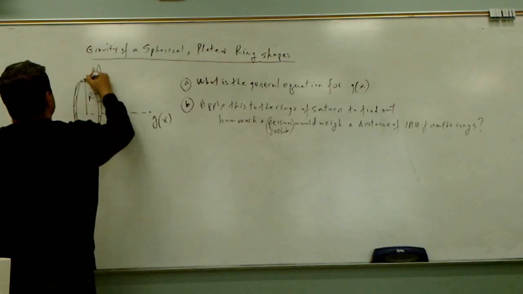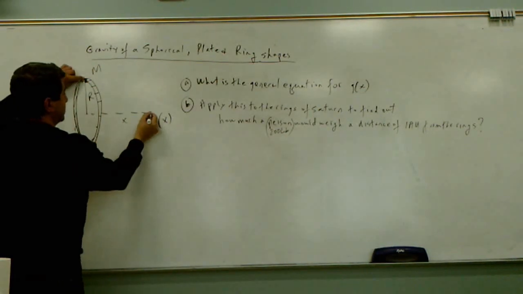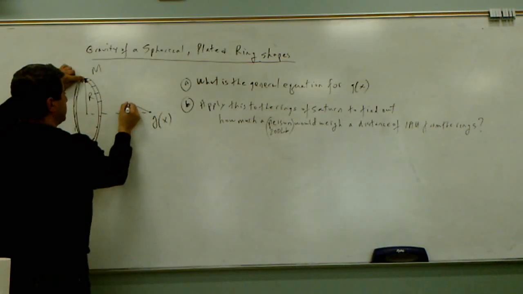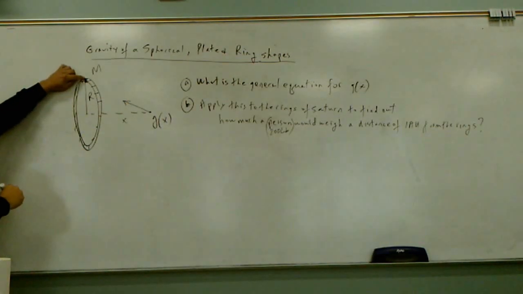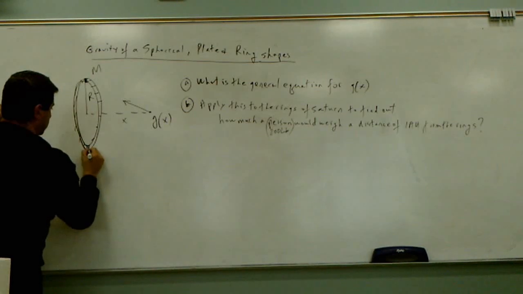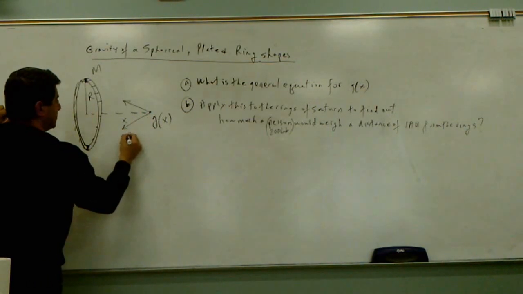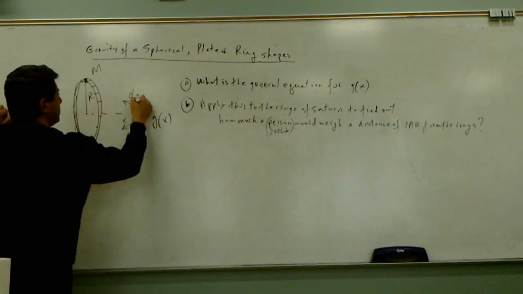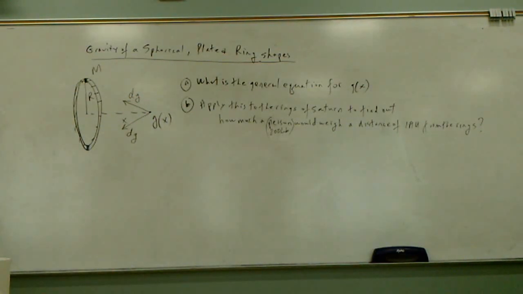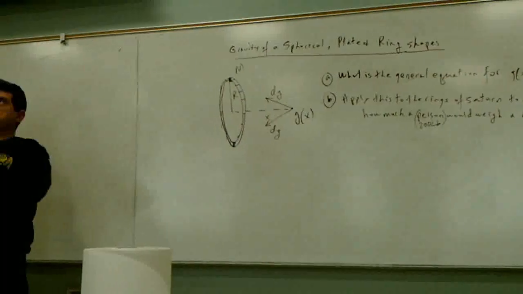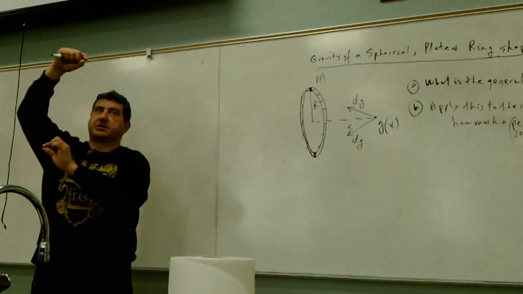Okay? So then how would we find out the general gravitational field? You take a piece from here, you use some symmetry. You say that piece creates a gravitational field there towards it, right? Then this piece over here creates a gravitational field towards it, dg, right?